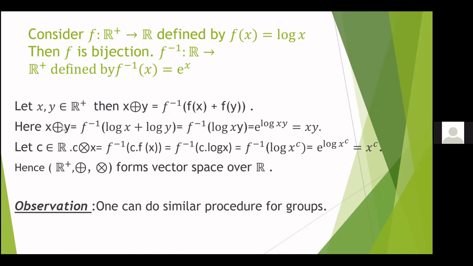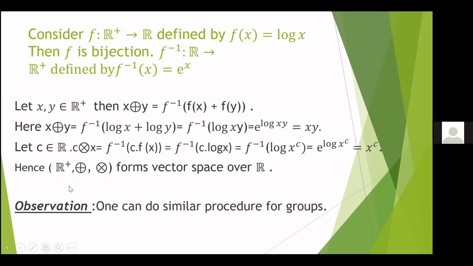Now, if I define x plus y as xy, and the scalar multiplication c dot x as x to the power c, then you see that R plus will be a vector space over R for these two, addition and scalar multiplication.